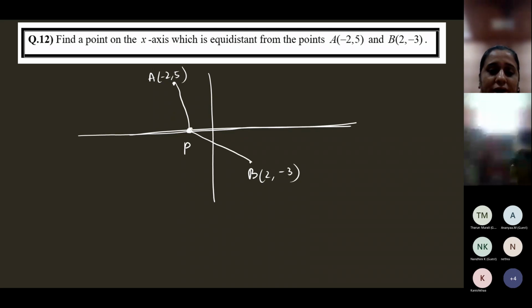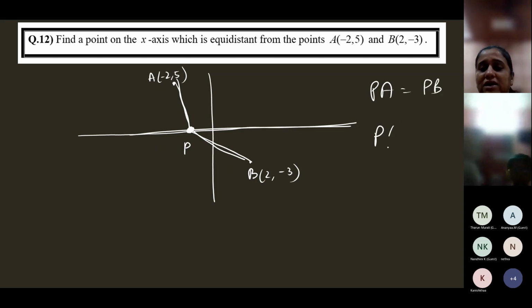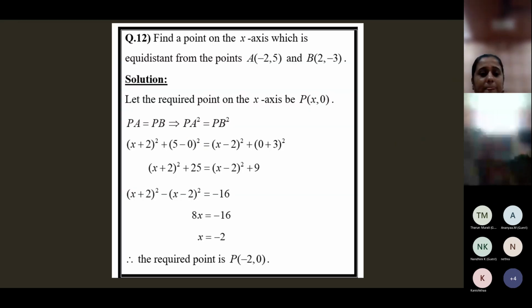What will be the address of P? It will be of the form x comma 0 because it's on the x-axis. So just work with that condition, PA is equal to PB. That's all, distance formula. Start working.